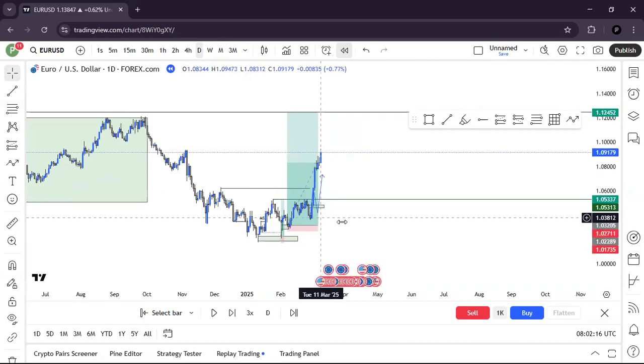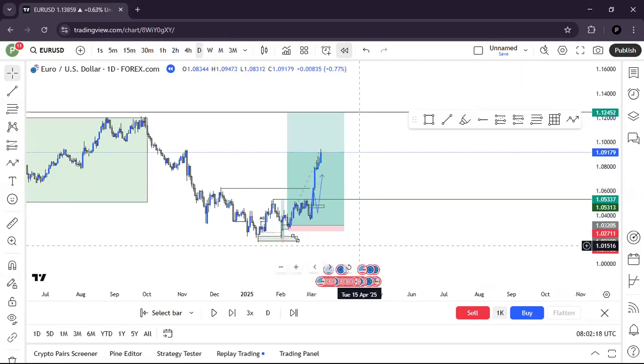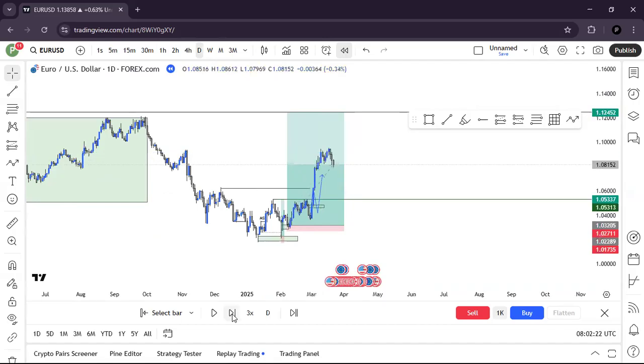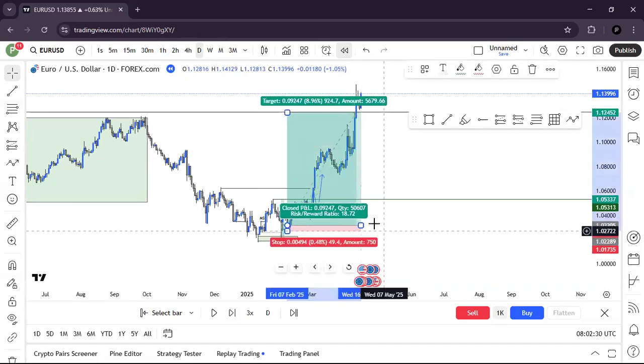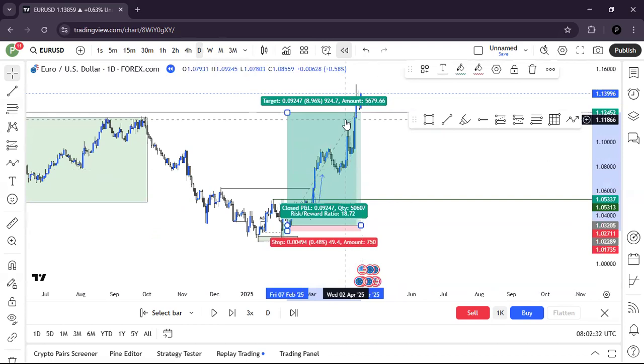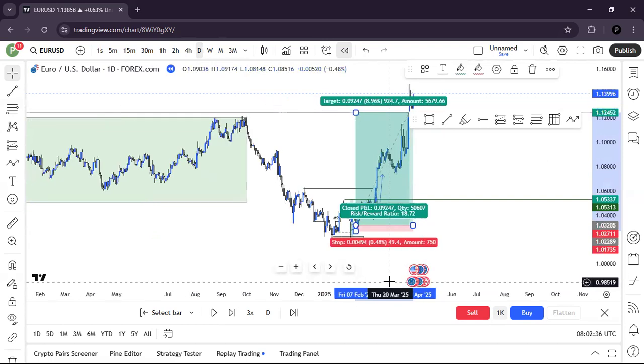Imagine, almost. You just almost see how tight your stop loss is. See this kind of big trade you catch. Ah, this is how many pips? This is 924 pips.